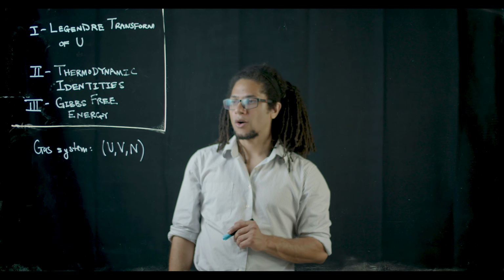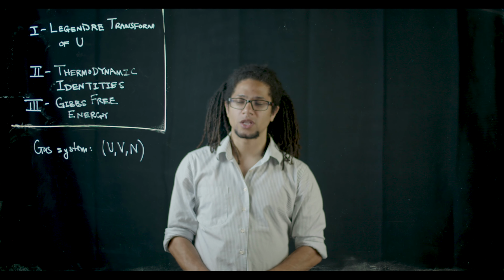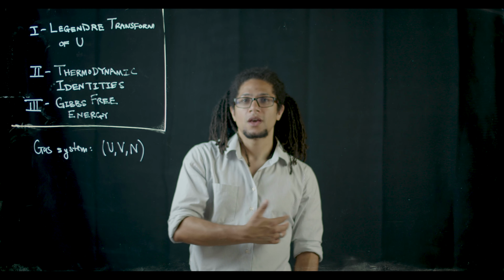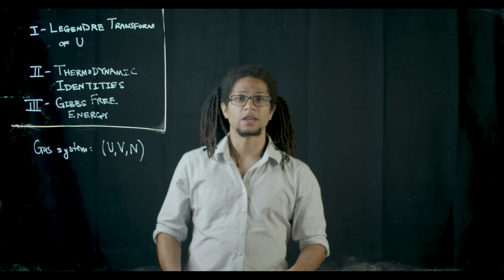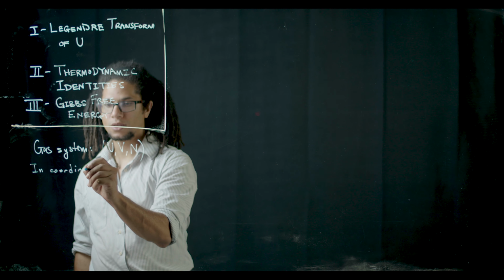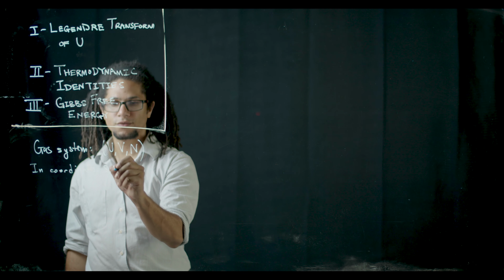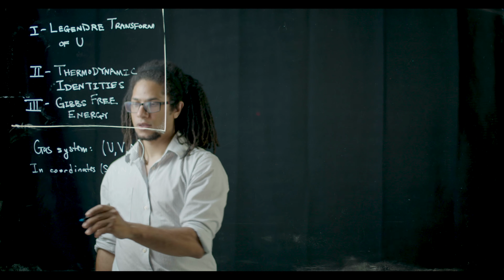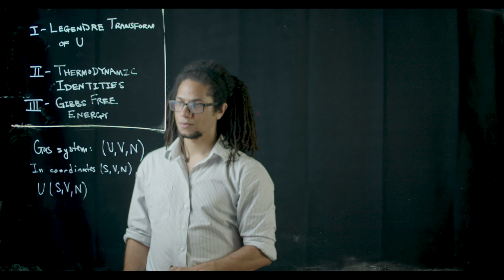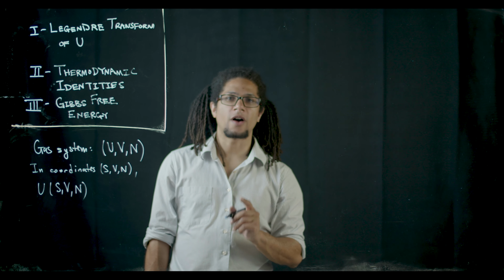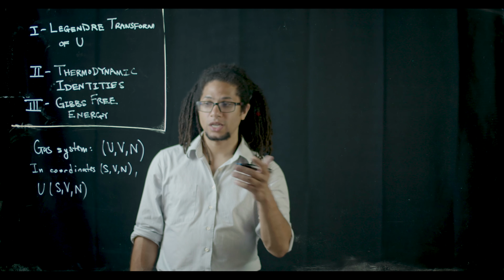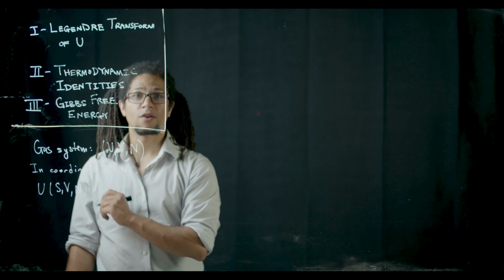Okay, and now we know that we have the freedom to choose whatever coordinates we want, and in particular, we could choose the coordinate system S, V, N, and we could look at U as a function of S, V, N. So in coordinates S, V, N, U is a function of S, V, N. Now, I want to define a particular function A, which is defined in terms of U, but is now a function of a single variable.